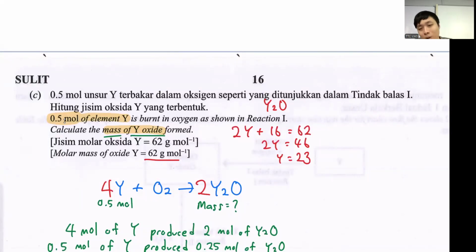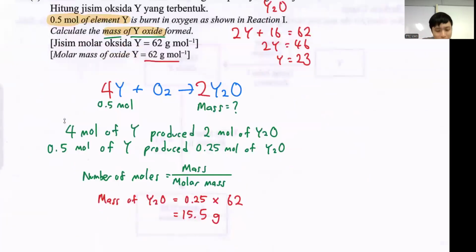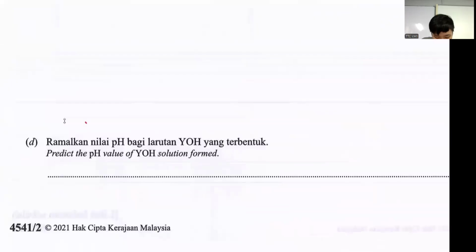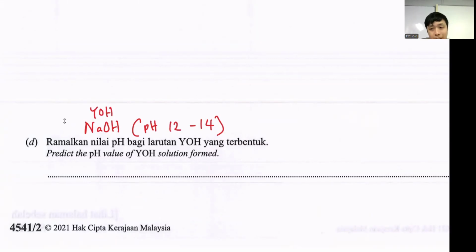Okay, so sodium hydroxide means very strong alkaline. If it's strong alkaline, YOH, normally the pH is between 12 to 14. Weak alkaline is 8 to 11, like 11 is ammonia. So it's best if you write pH 14. pH 12, 13, 14 accepted.